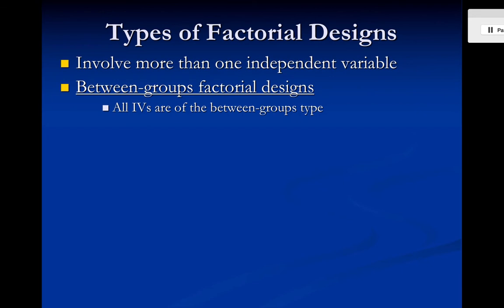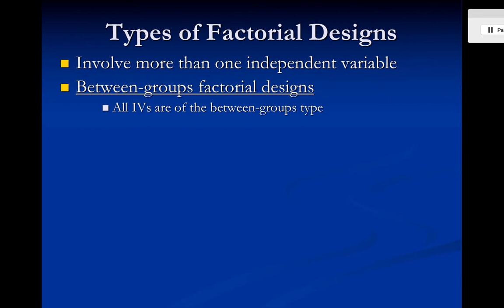We talked about groups being mutually exclusive. Remember, the idea of a between groups design was in reference to the independent variable, that we would say something like gender. Gender has mutually exclusive groups, so you have a between groups research design. So in other words, participants can only be in one group of gender.